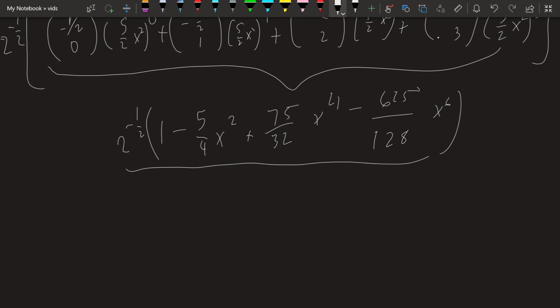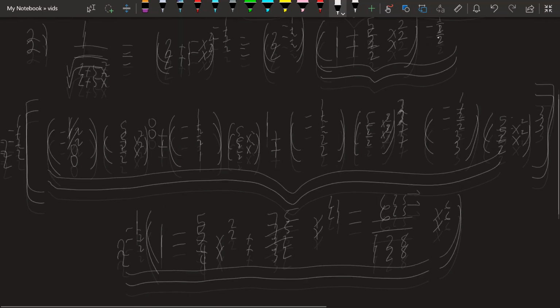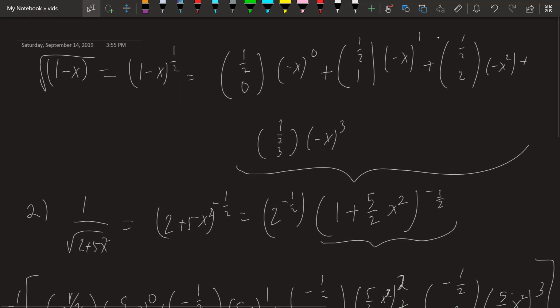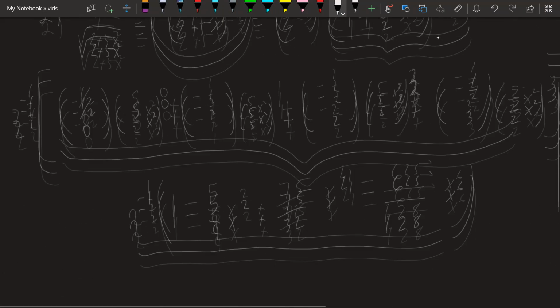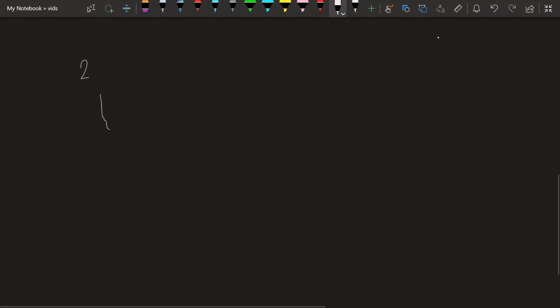Then they're telling you to find the values of x for which this expansion works. In order for us to find that, we're going to go back to the first part of the question, which is 2 plus 5x squared raised to the power of minus half. We rewrote this as this.